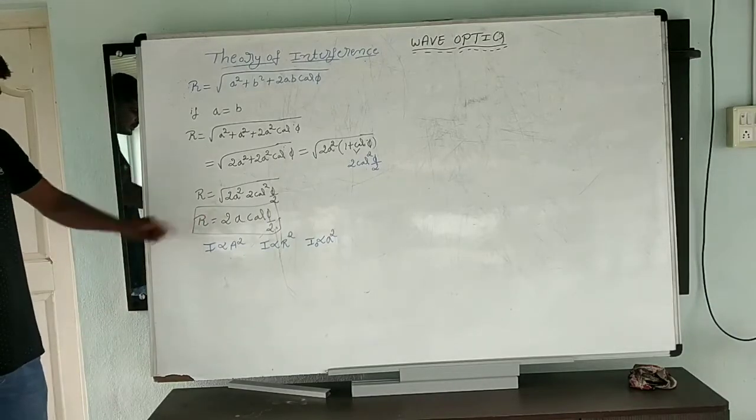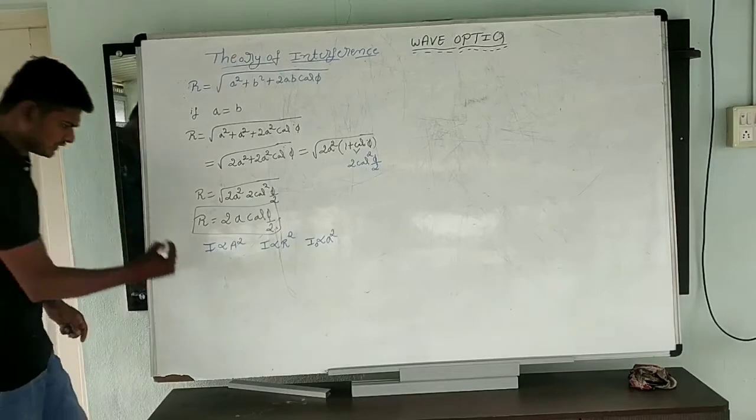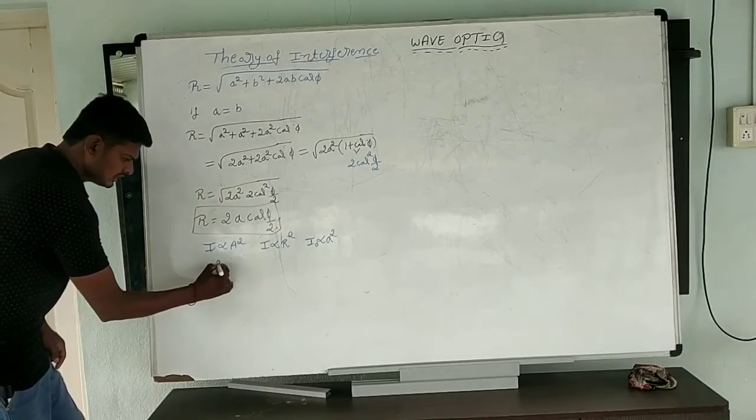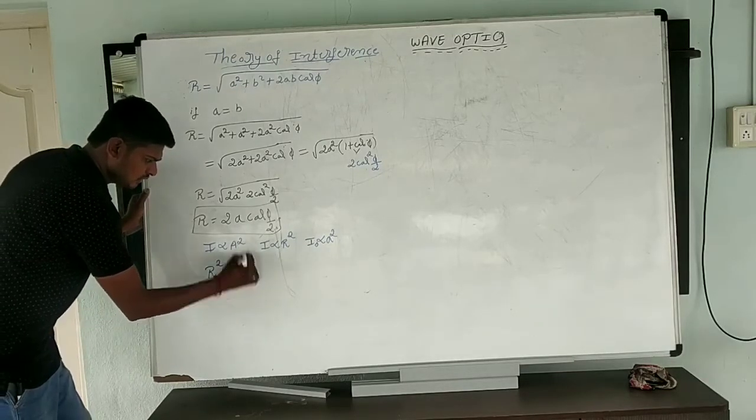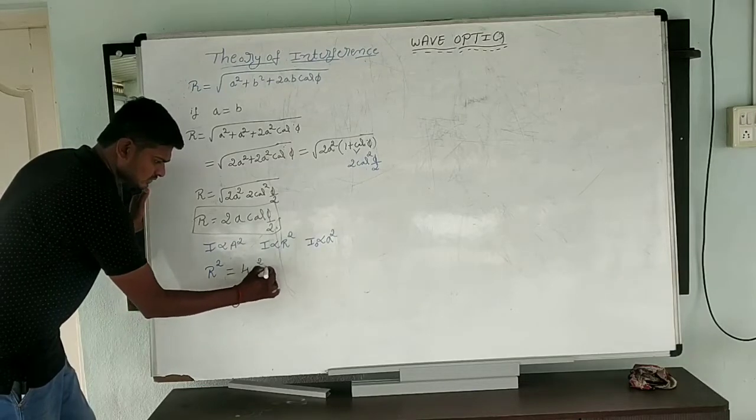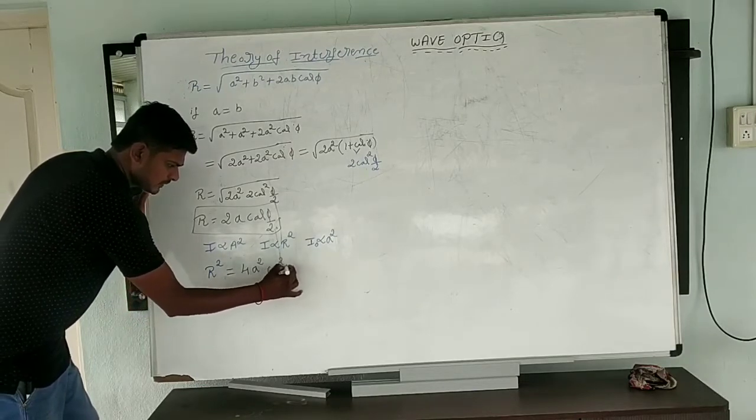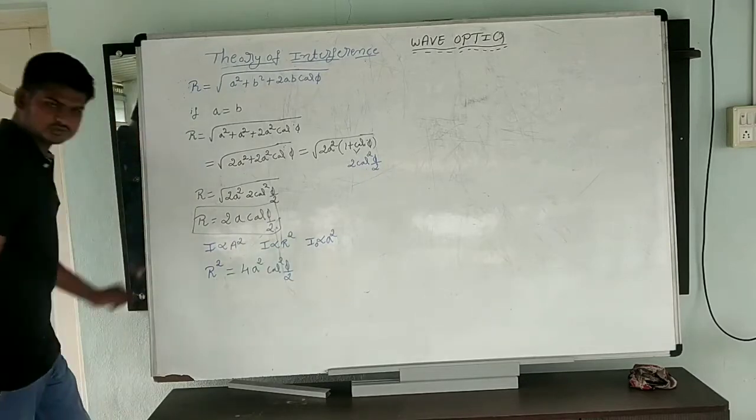When I square this equation, what is going to become? R square is equal to 2 square means 4, A square, cos square pi by 2.